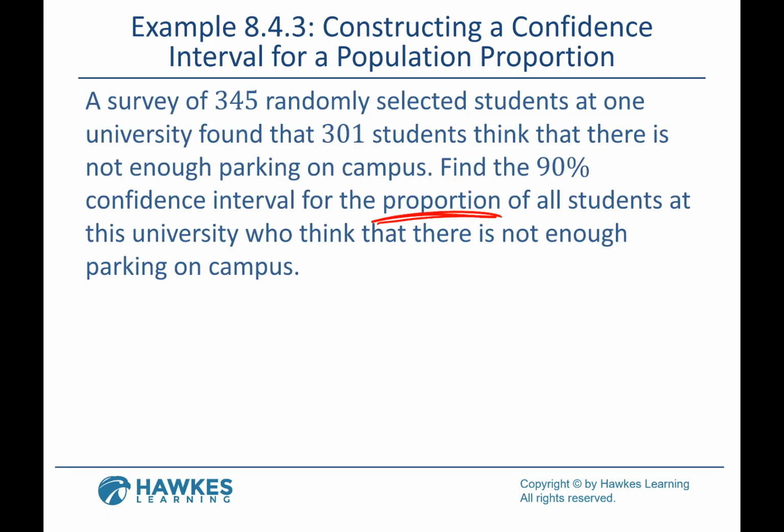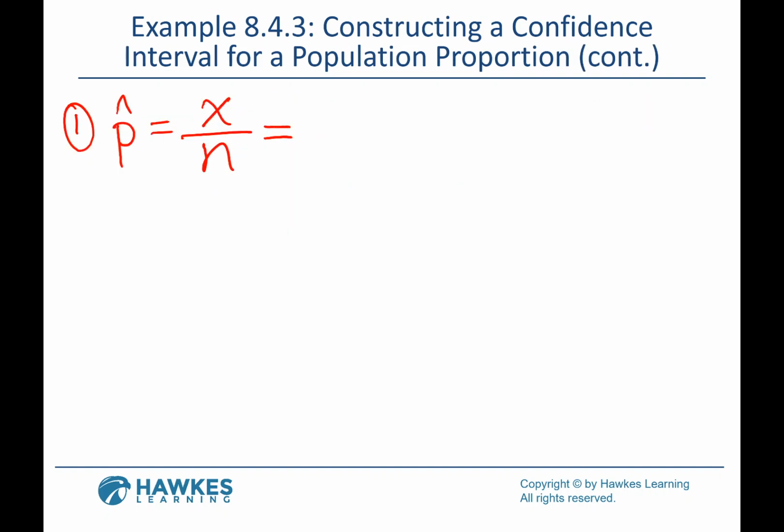So here we want the ones that think there's not enough parking. How many of those do we have? 301 out of 345. That is an acceptable answer.